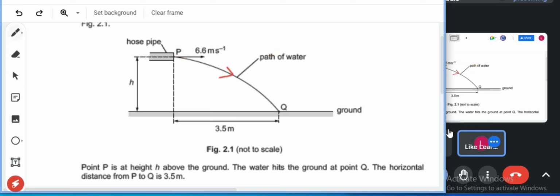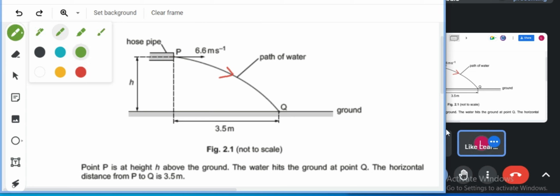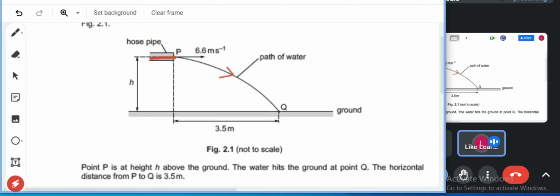Let me emphasize this so that all of these things will be clear. At this point, when it just starts falling, the jet of water was just released here. This is the horizontal component, 6.6. The vertical component is 0 here, and then it starts moving.